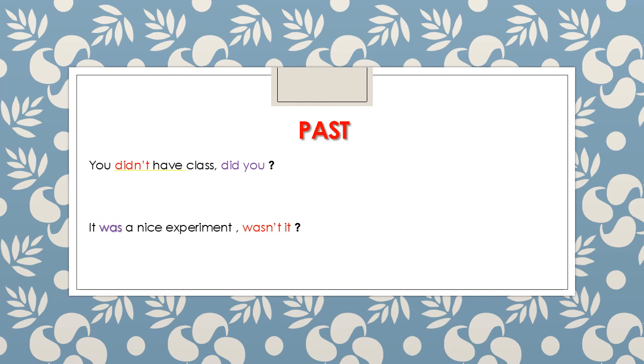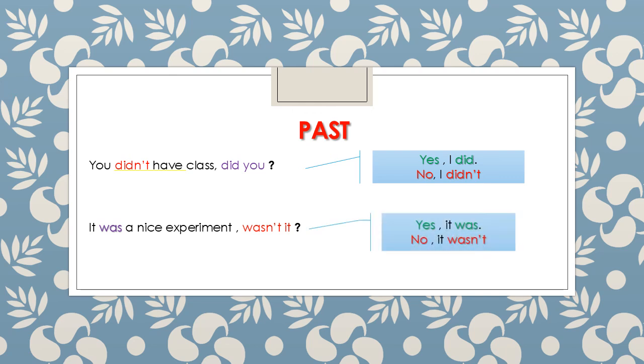So here the examples are in the past. It's the same rule. You didn't have class, did you? Yes, I did. No, I didn't. It was a nice experiment, wasn't it? Yes, it was. No, it wasn't.